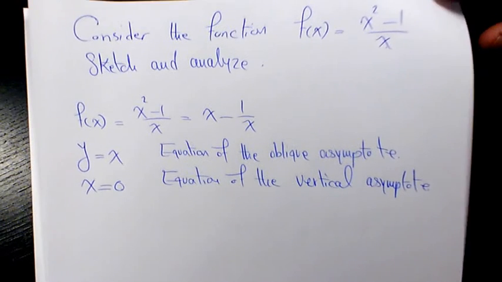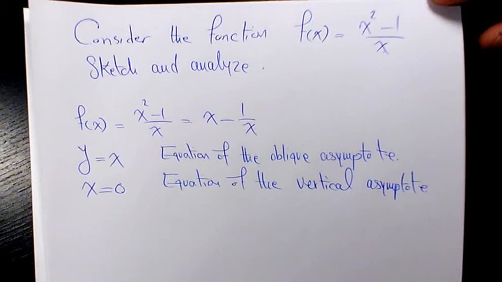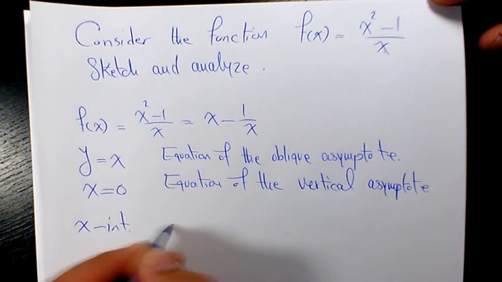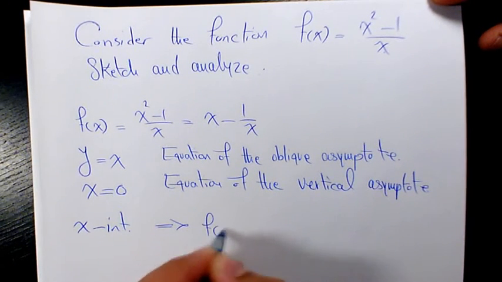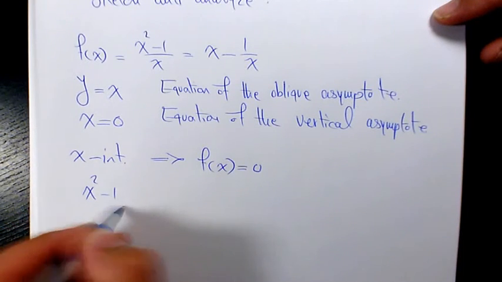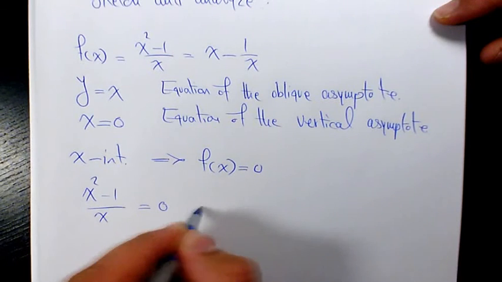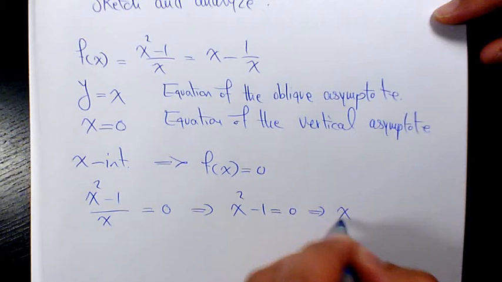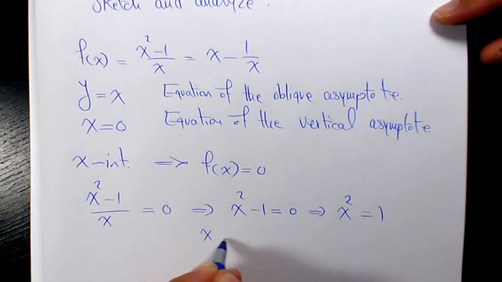Do we have an x-intercept? Yes, you have an x-intercept when f of x is 0, which means that x squared minus 1 over x is going to be 0. x squared minus 1 has to be 0, so x squared has to be 1. So it's going to be x equals -1 and +1.